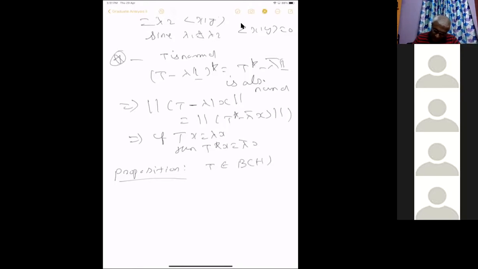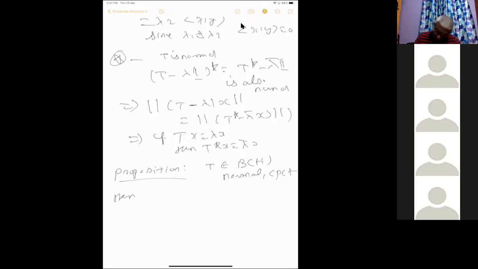So T is in B of H. In general, it is true for a spectrum, but not for eigenvectors. So here we are proving something about eigenvectors. T is in B of H, T is normal and compact. We have a normal compact operator.